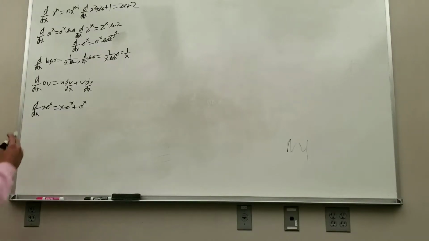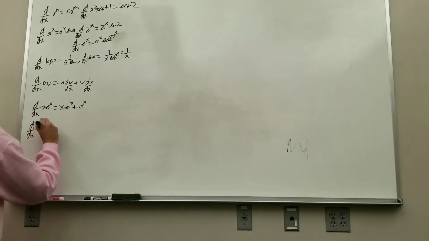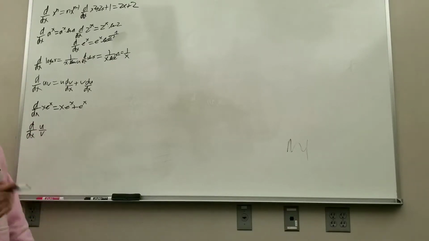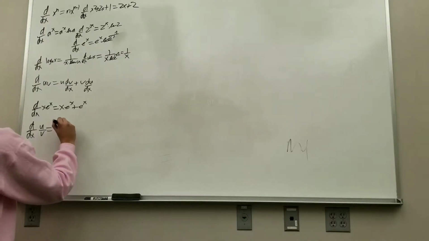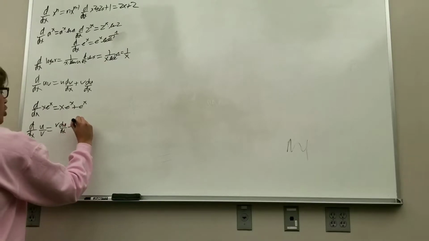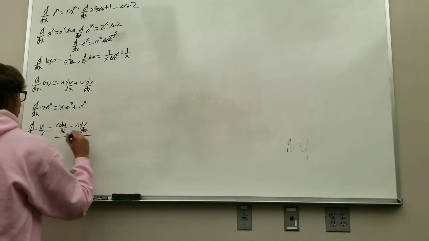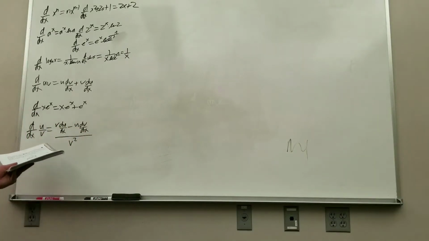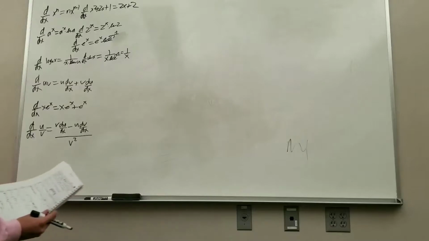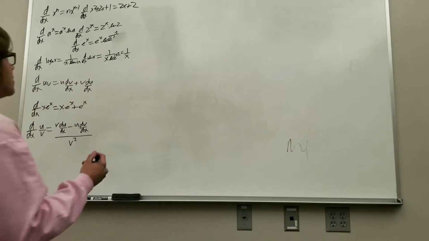And then we also have the quotient rule, which would be u over v. And this is equal to v du over dx minus u dv over dx, all over v squared. And I'll come back to an example of this in just a second. I first want to show some of the trigonometric functions.